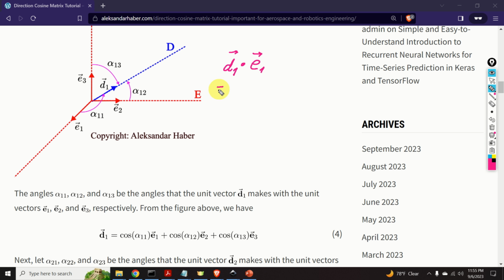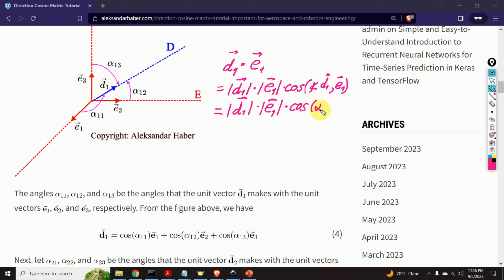As the result, we obtain the intensity of D1 times the intensity of E1 times the cosine of the angle between D1 and E1. Obviously, we have D1 intensity times E1 intensity times cosine of alpha 1,1.